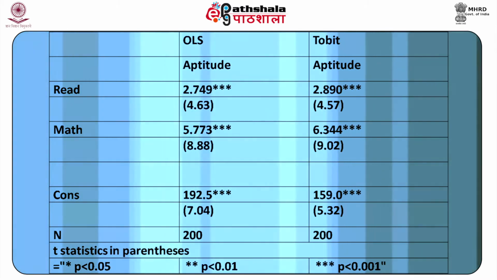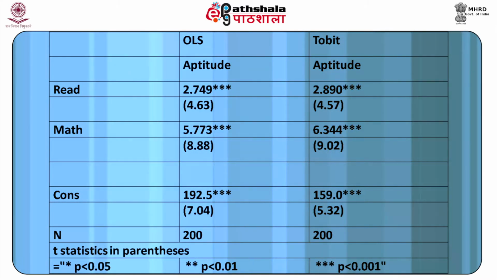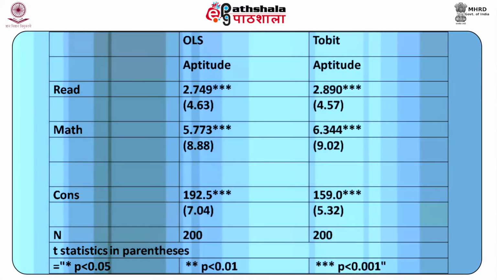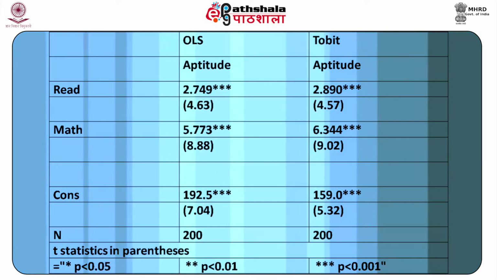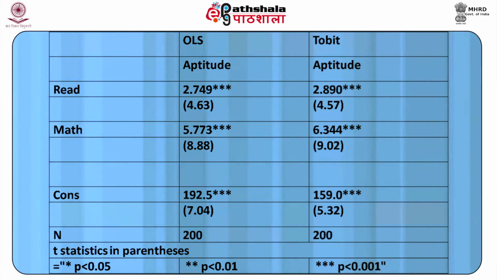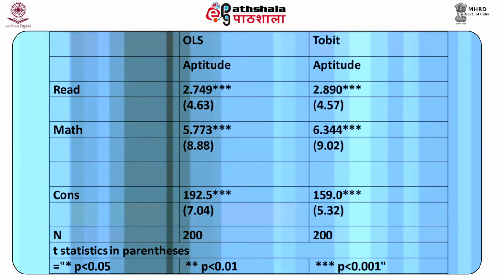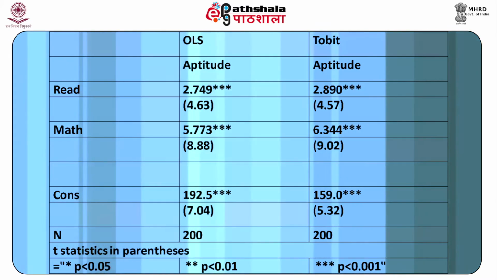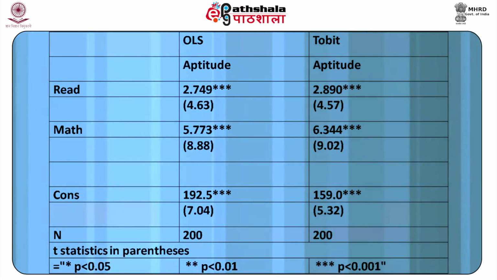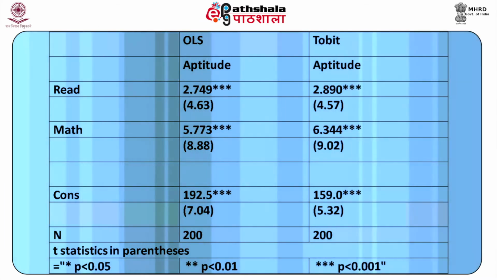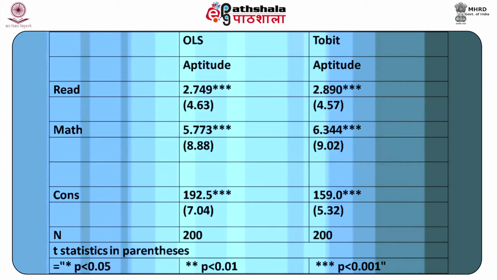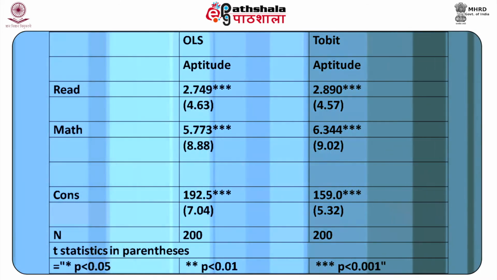A 1 unit increase in maths is associated with a 5.7 unit increase in the predicted value of aptitude in case of OLS and 6.3 in case of Tobit model. So you can see how we are trying to link the scores on reading and maths performance to the aptitude of students. We can see that OLS underestimates the effect of both the parameters, read and maths, on aptitude.